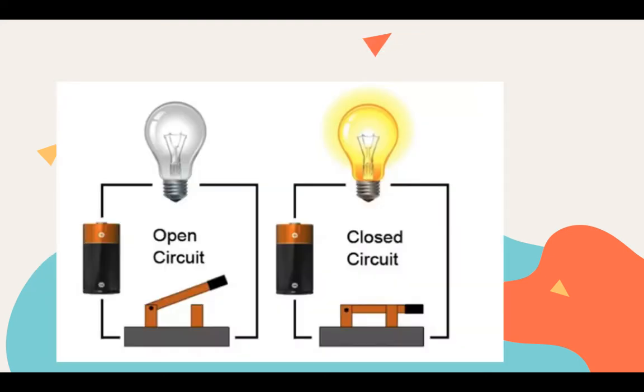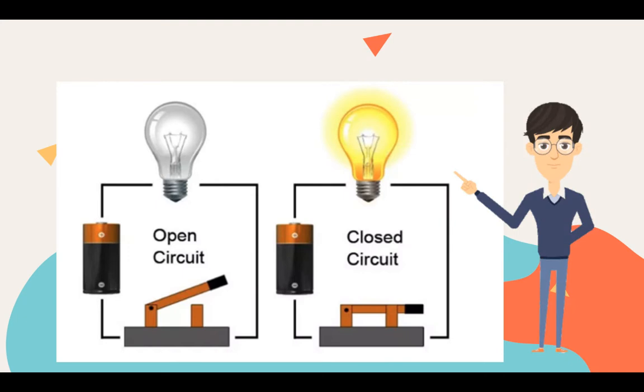Let us take a look at the picture of two circuits here. The open and the closed circuit. You will notice that in a closed circuit, the bulb lights up, whereas in an open circuit, the bulb does not light up. This is because the electricity in a closed circuit can flow all around the loop.